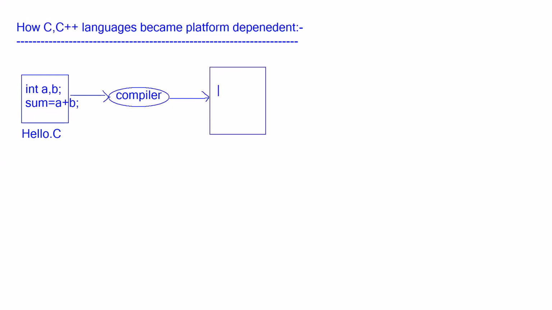Machine code can be like 1001, 1100, 101110. This is called machine code or binary code, and this file is said to be the hello.exe file. So this hello.exe file contains machine code. This is called source code, and this is called binary code or machine code.